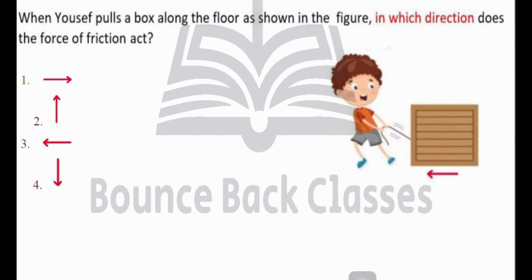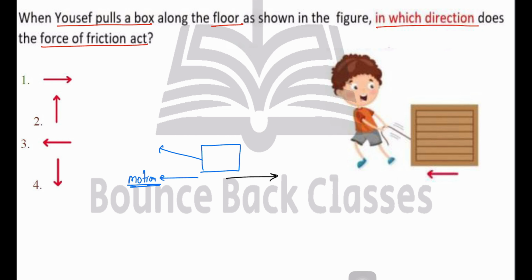When Yusuf pulls a box along the floor, as shown in the figure, in which direction does the force of friction act? Easy. Where is he taking the box? This side. That is the motion. So the friction is always opposite in direction. Here is your friction, so your answer is 1.